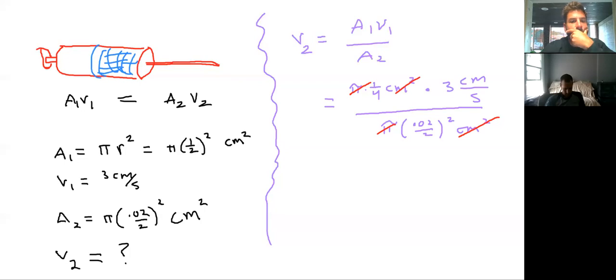So let's think if I did this correctly. And so if we do this correctly, what do we end up getting? Make sure I didn't mess up. So it looks as if we get 7,500 centimeters per second.